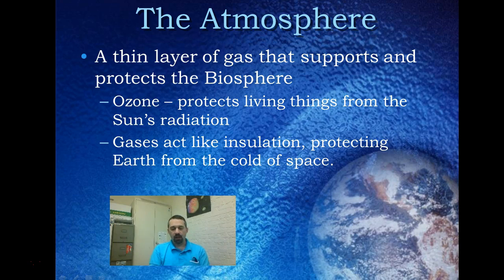Yeah. All right. And then another important thing is the gases act as insulation, and they protect the Earth from the cold of space. So planets without an atmosphere, they're really, really cold. Planets like Venus with a really, really thick atmosphere are really, really hot. So Mercury, not very much of an atmosphere, kind of cold even though it's close to the sun.